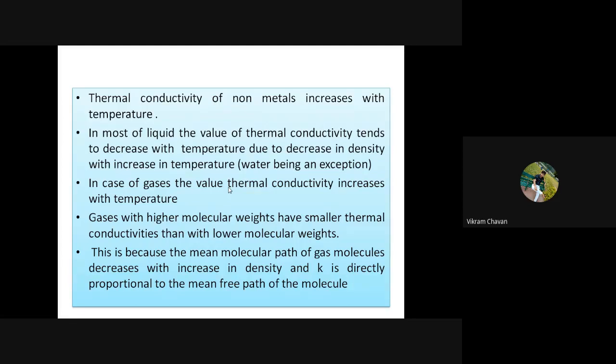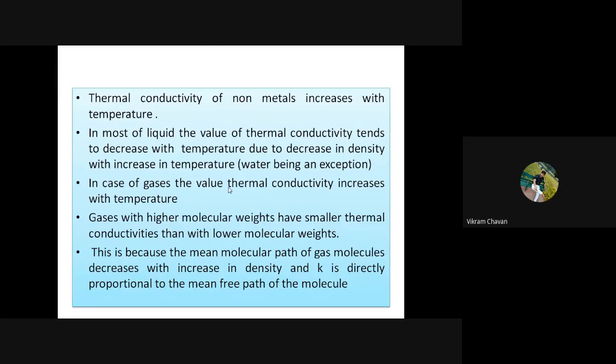If this path decreases, the ability of a molecule to transfer heat also decreases. So if the mean molecular path decreases, thermal conductivity decreases, and if the mean molecular path increases, thermal conductivity increases.